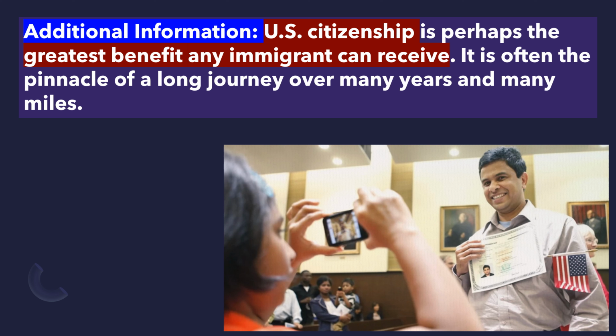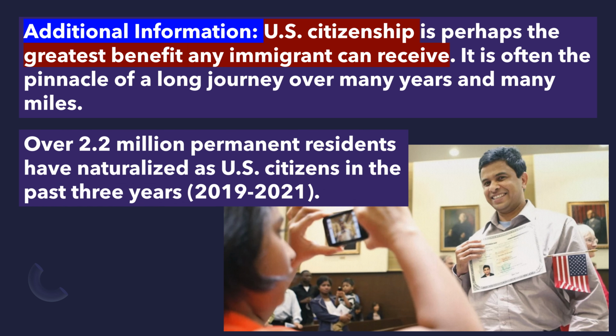Additional information. U.S. citizenship is perhaps the greatest benefit any immigrant can receive. It is often the pinnacle of a long journey over many years and many miles. Over 2.2 million permanent residents have naturalized as U.S. citizens in the past 3 years, from 2019 to 2021.